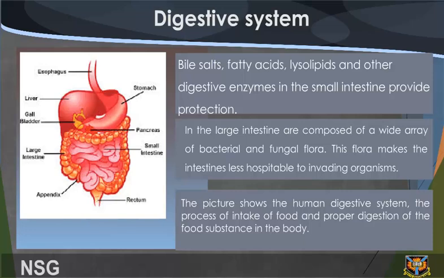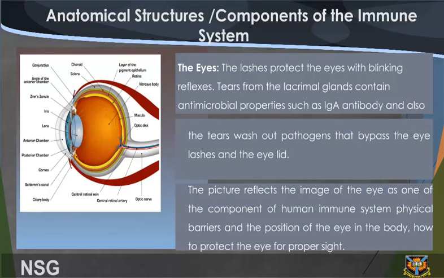The large intestine is composed of a wide array of bacteria and fungal flora. This flora makes the intestines less hospitable to invading organisms. The picture shows the human digestive system, the process of intake of food, and proper digestion of the food substance in the body. See picture.